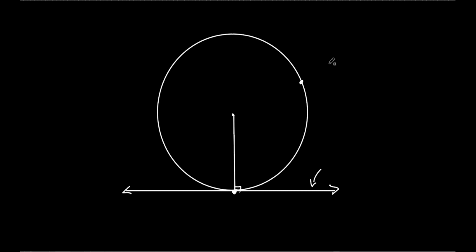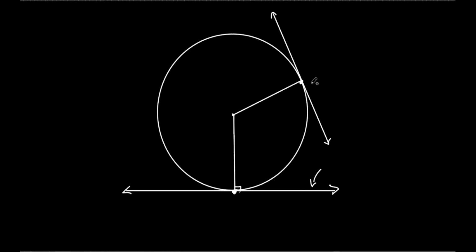And if you drew a line, let's draw a radius. There's a radius. And what if you drew a line that's perpendicular to that radius? Okay, so here's a line. Yeah, it is kind of bad, but that's okay. Use your imagination.